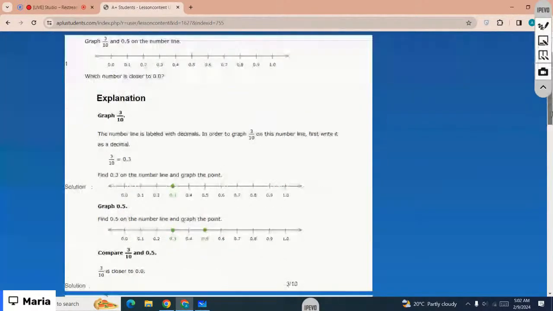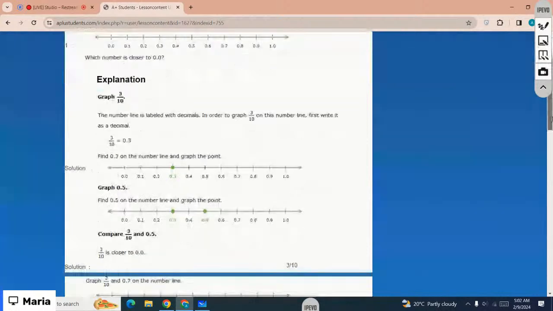If they are in different forms, like one of them is a fraction and one of them is a decimal, you cannot draw them on the same number line. If you want to draw on the same number line, they both must be in the same form, so you need to convert both of them to decimals.